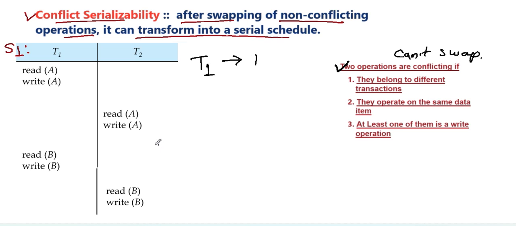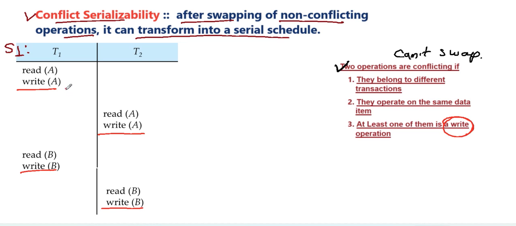So we'll try to identify non-conflicting operations from this schedule. First of all, underline all write operations, because by definition a write operation causes conflict. Now we try to swap the instructions.